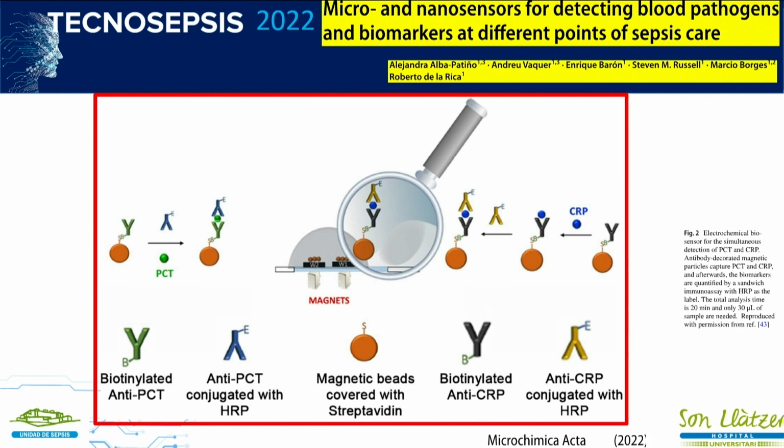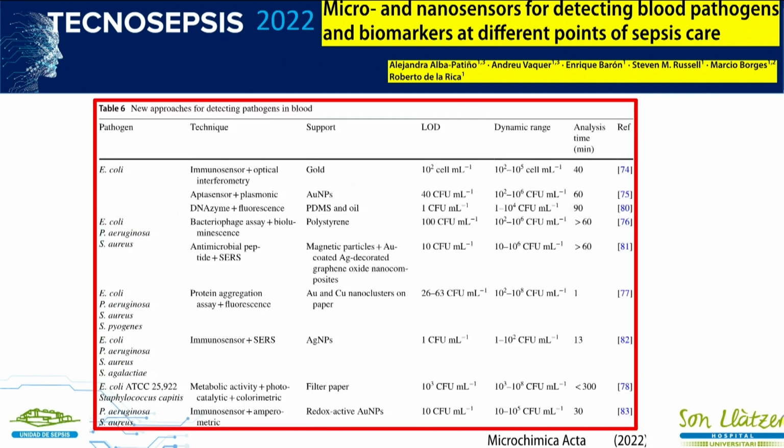One example uses magnetic resonance to separate an antibody and this biomarker, and finally iron or gold particles, and different methods for identification.